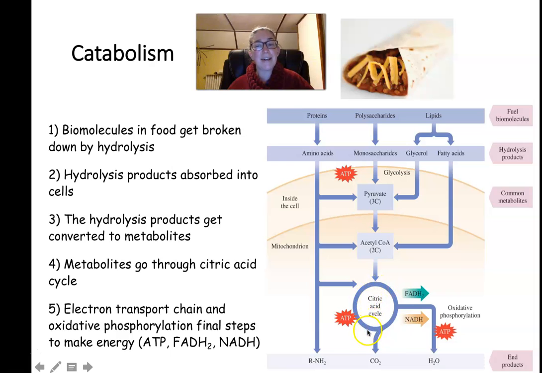And then it puts out some electron carriers that carry electrons to the electron transport chain, which is where a majority of the ATP is made. So we break down large molecules, then those smaller molecules can get absorbed into our cells, converted into metabolites where they're sent through these different metabolic pathways that ultimately churn out ATP.